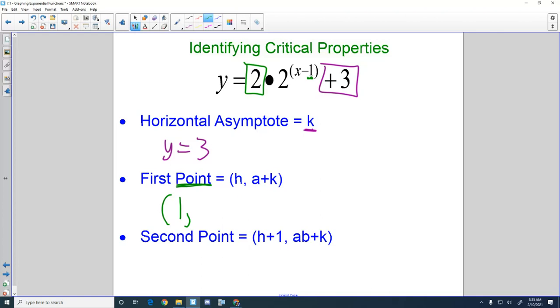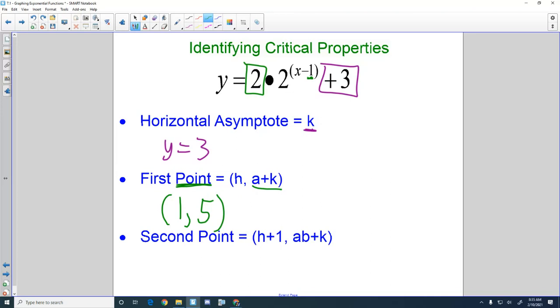So it's 2 units above whatever that horizontal asymptote is. And our horizontal asymptote was at 3. So think about it like this. I already went up 3 units. And then this 2 says my first point is going to be not 1 unit above it, but 2 units above that. And so you add those together, a plus k, and you get 5.